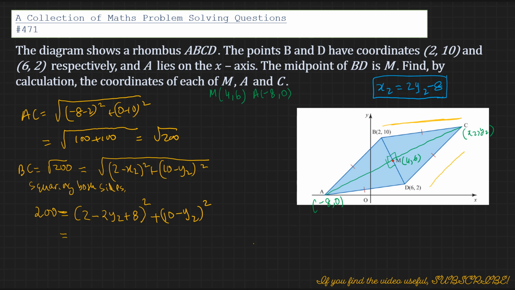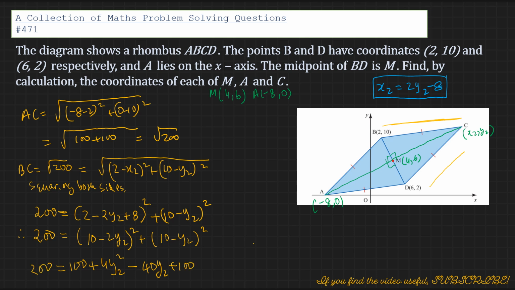So you can write 200 equals 10 minus 2y2 whole square plus 10 minus y2 whole square, and that equals 100 plus 4y2 square minus 40y2 plus again 100, so that's 200, plus y2 square minus 20y2.